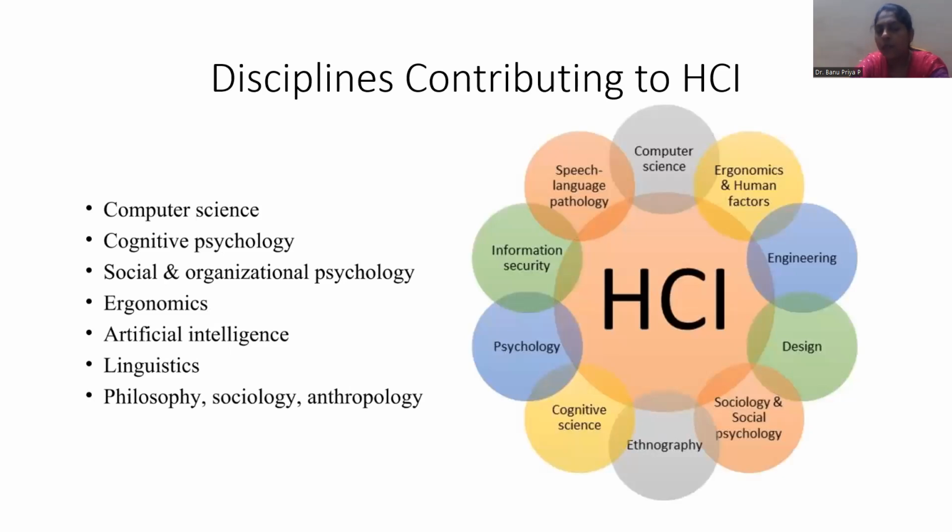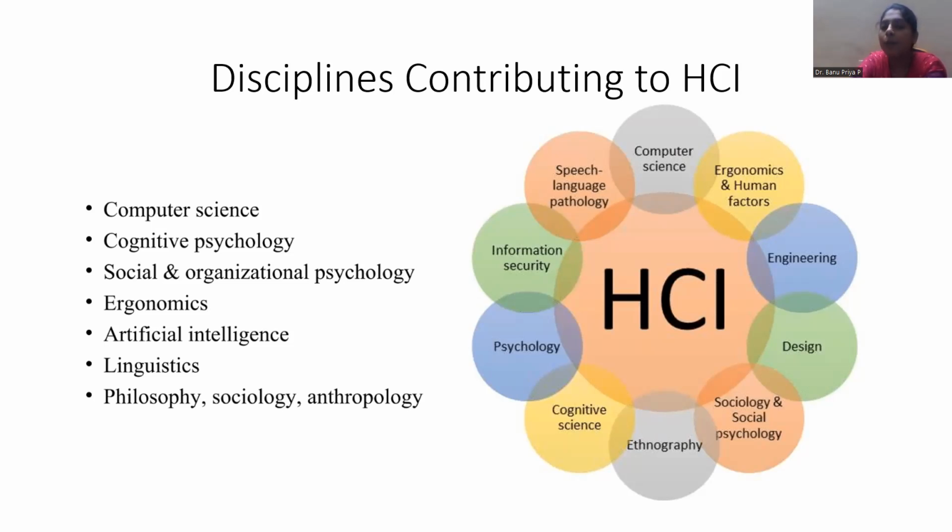If you look at HCI, we have seen it starts from mathematics, computer science, and even ergonomics, from the base of psychology. So what are the disciplines contributing to HCI? HCI falls under disciplines ranging from computer science, cognitive psychology, social and organizational psychology, ergonomics, and a part of computer science that is AI, artificial intelligence, linguistics, the NLP, philosophy, psychology, anthropology, sociology, everything for the basics of cognitive science.